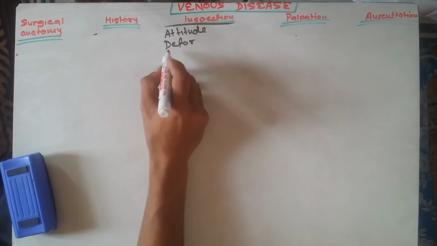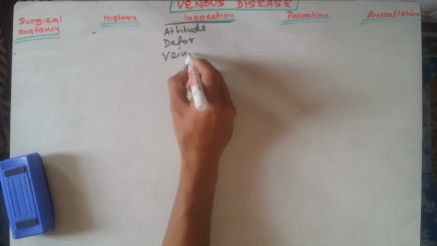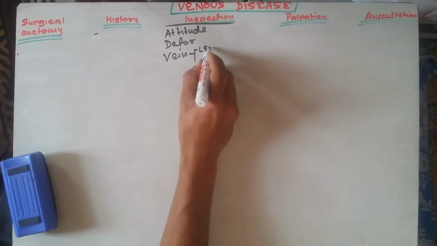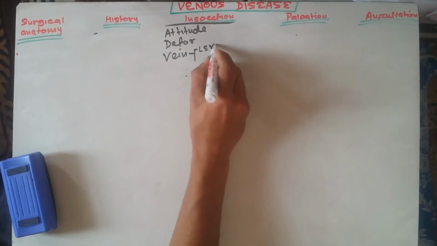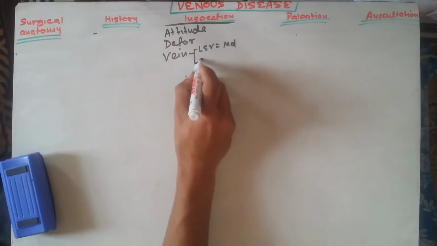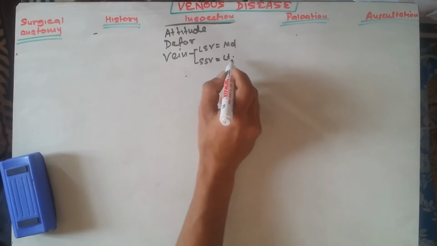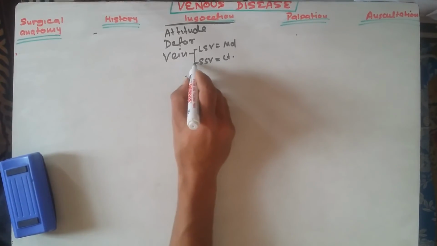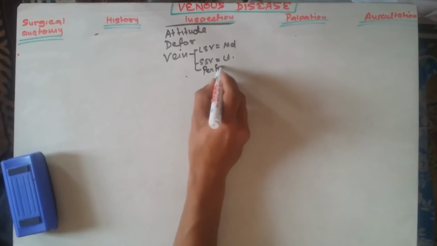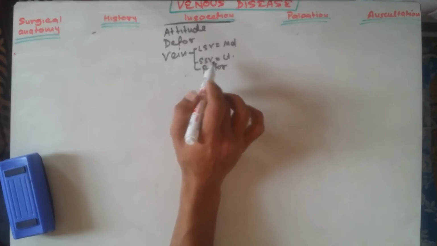We will look for the venous system, which vein is affected. Actually this can be localized by, as we know that the long saphenous vein is situated in the medial aspect of the leg, whereas short saphenous vein is on the lateral aspect of leg. And whether the perforator, as I said earlier, the site of the perforators, so we will differentiate whether it is the long saphenous, short saphenous, or perforators.